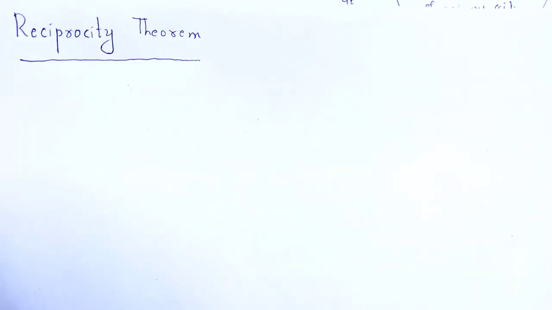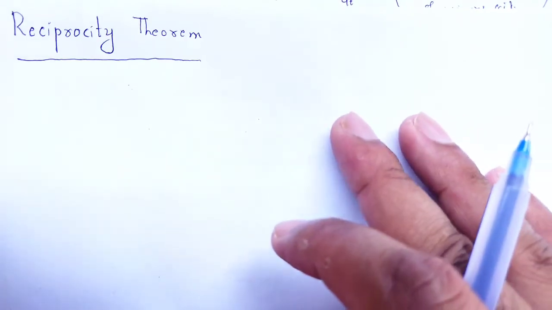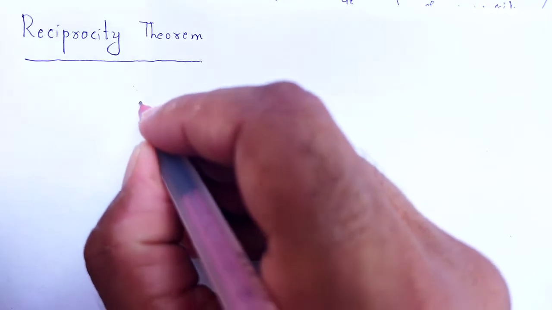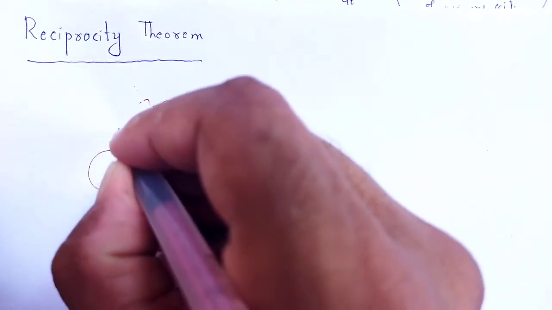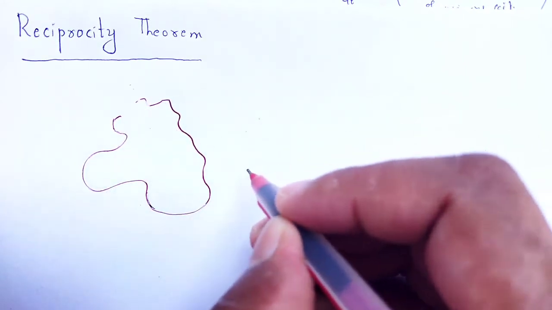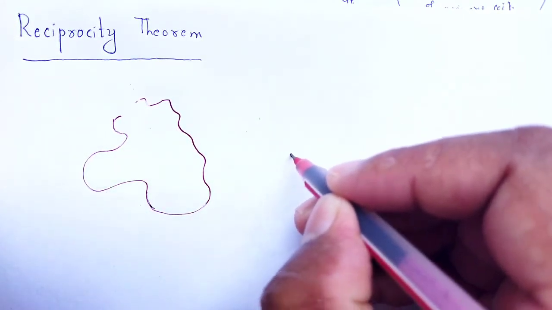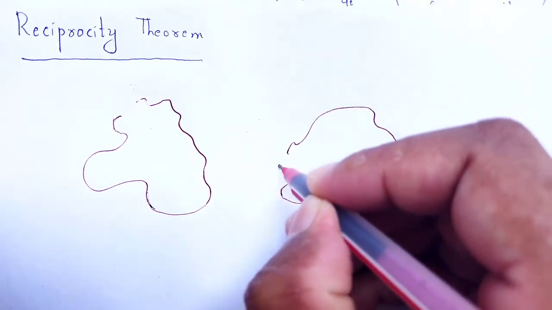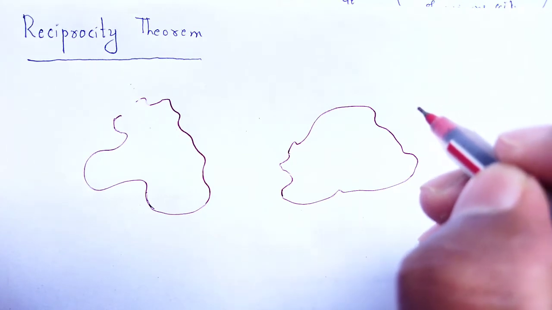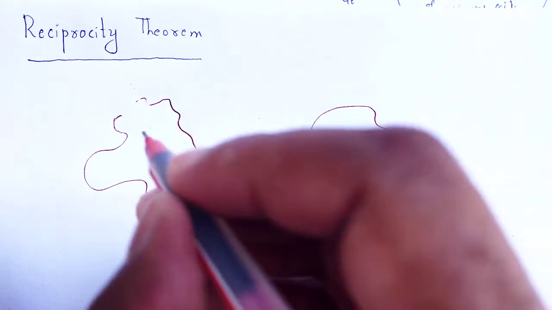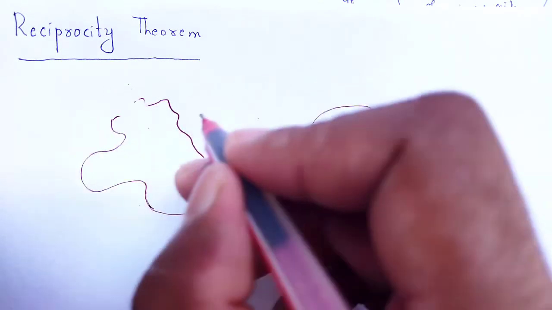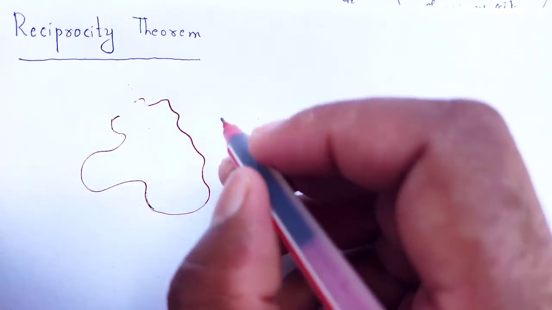Look here, consider two circuits. Here we consider a circuit. There will be another circuit. These two circuits are placed very close to each other, such that I1 amount of current flows through the loop C1.